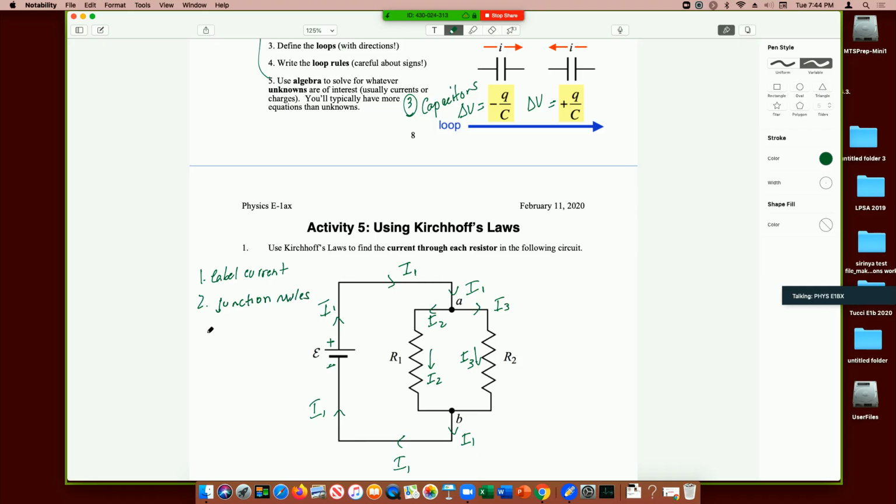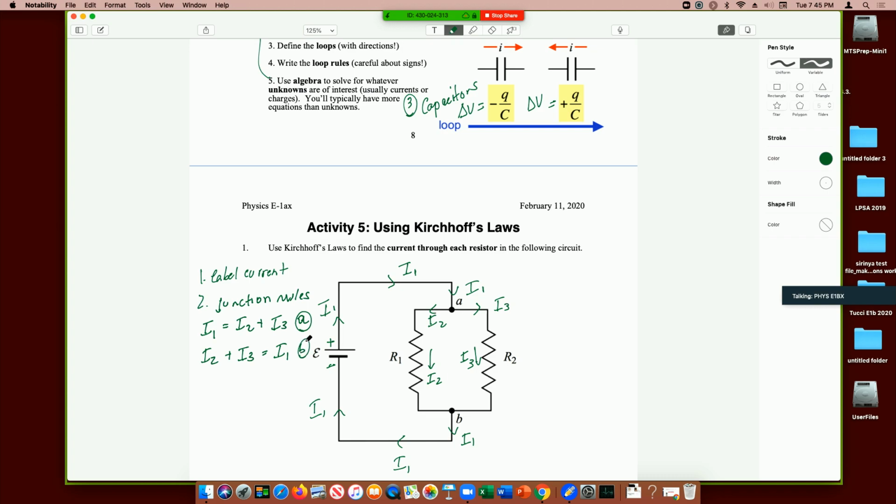You would say I1 equals I2 plus I3. That's at junction A. And then what would you say at junction B? I2 plus I3 equals I1.